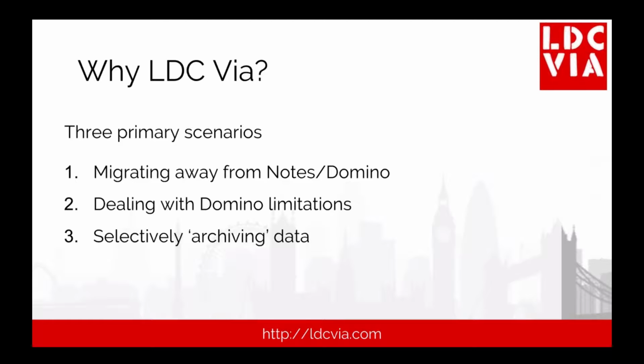So the alternative is by using LDC Via as a new home for Domino data, you get access to mechanisms to really easily migrate data away from Domino. And in turn, that easy migration means that the migration project is going to run faster because it's easy.